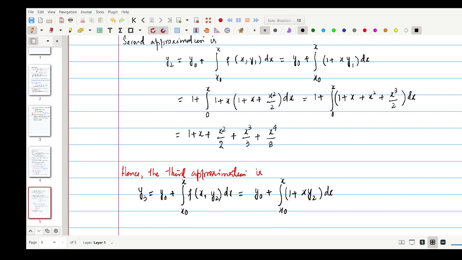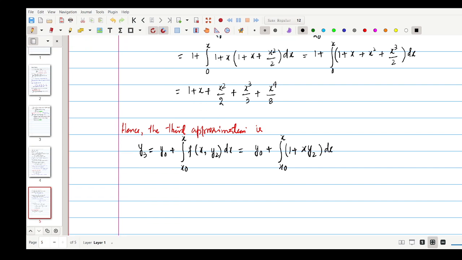Because f of x, y is equal to 1 plus xy, so f of x, y2 is 1 plus x y2. So now substitute the value of y0, that's 1 plus integral, x0 is equal to 0, so 0 to x, 1 plus x y2, 1 plus x, and y2, as we know in the previous case, is 1 plus x square by 2 plus x cube by 3 plus x power 4 divided by 8 into dx.